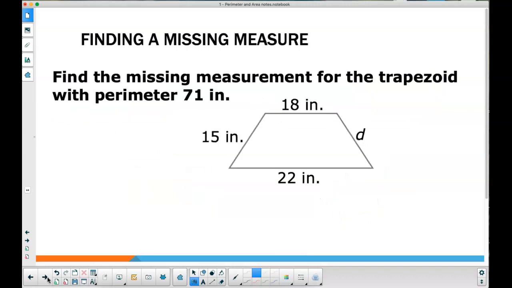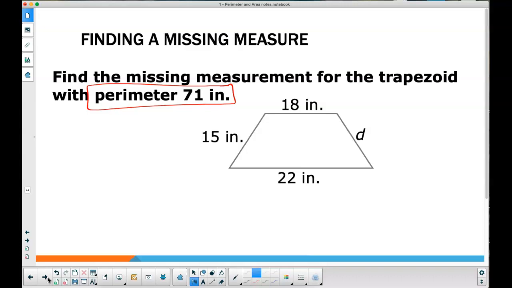Okay, so then what if I said to find the missing side? Find the missing measurement for the trapezoid with a perimeter of 71 inches. So if I tell you that the perimeter is 71, find the missing side, what do I do then? Savannah?